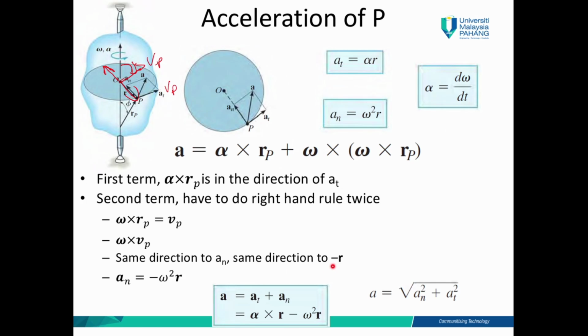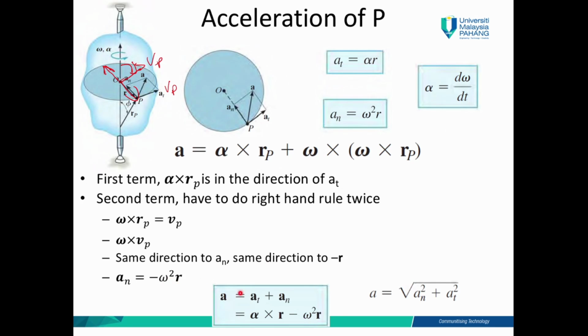And because AN has the same direction as negative R, finding the value of AN, it should be negative omega to the power of 2 R. As we got just now, the magnitude of AN is omega to the power of 2 R, but the direction, if you write in vector form, AN is equal to negative omega to the power of 2 R.